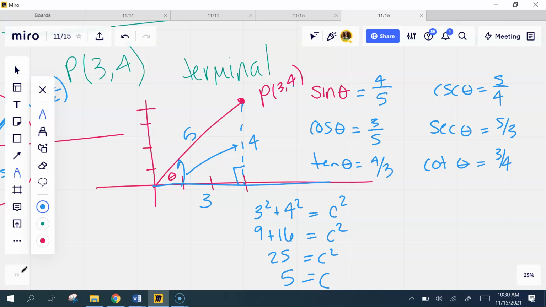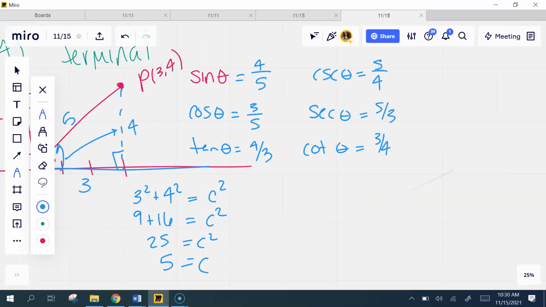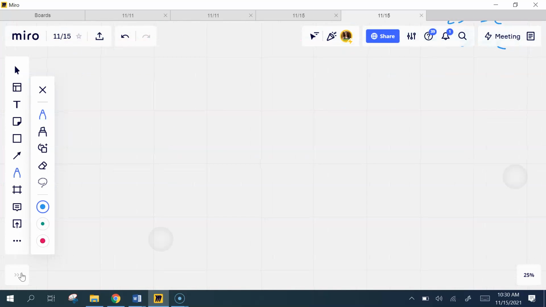What if I move the point? What if I said that this point was, oh, I don't know, (-1, -1)?